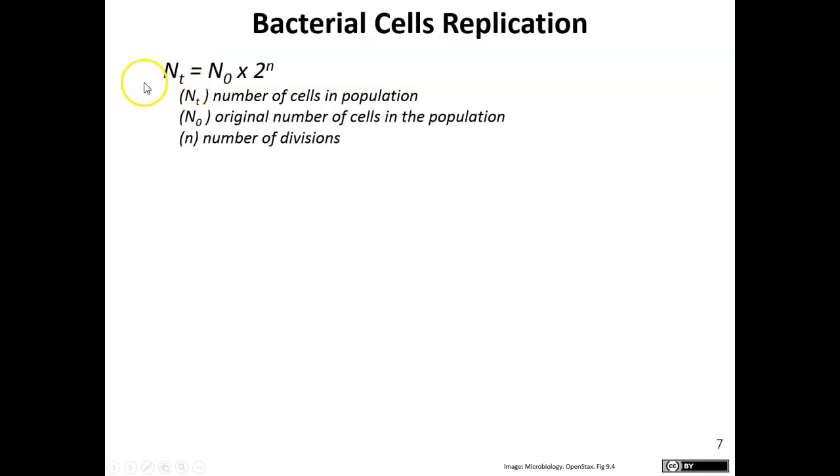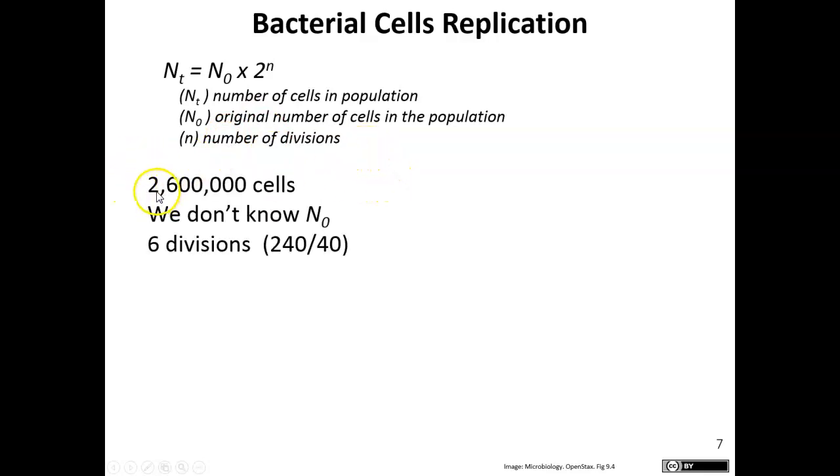So remember, N sub t equals N sub 0 times 2 to the n. These are the things we gave you. We have 2,600,000 cells. We don't know what N sub 0 is in this case. We have 6 divisions, since the divisions are every 40 minutes and there are 240 minutes, so you divide and get 6 divisions.